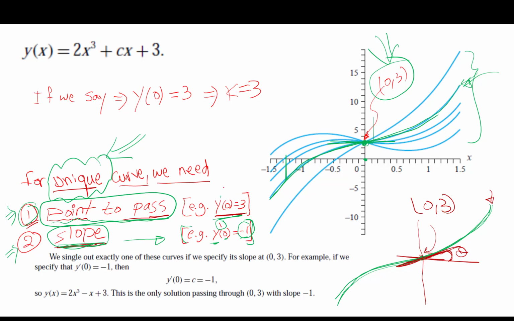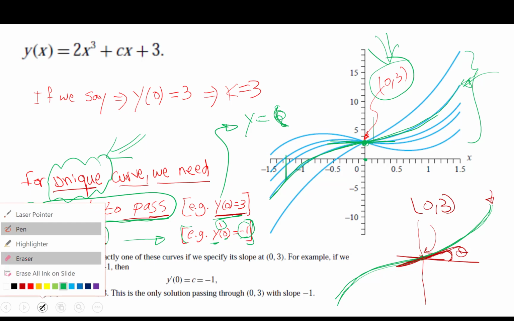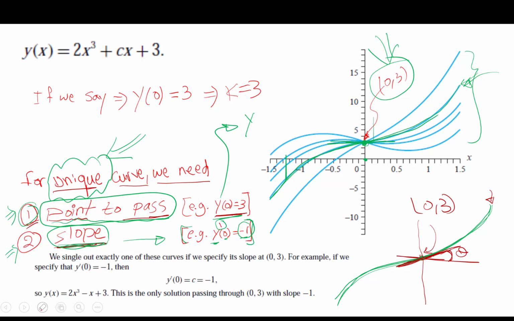This means in our initial conditions, we have y of 0 equal to a certain value, and we have the first derivative y prime of 0 equal to -1. These two conditions are needed in order to obtain the unique solution.